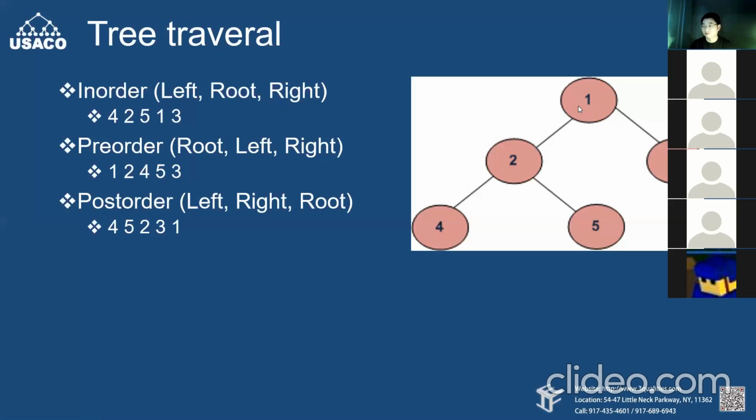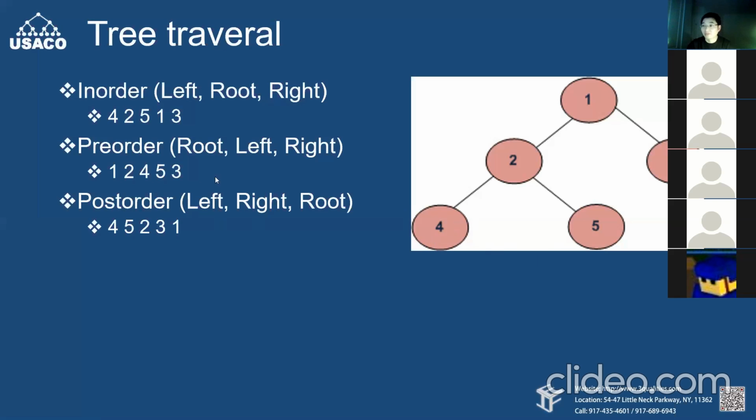Left would be 2. 2, 4, 5, right? This is the subtree, right? And then in the subtree, we visit left first. So which one first, 4 or 5? 4.